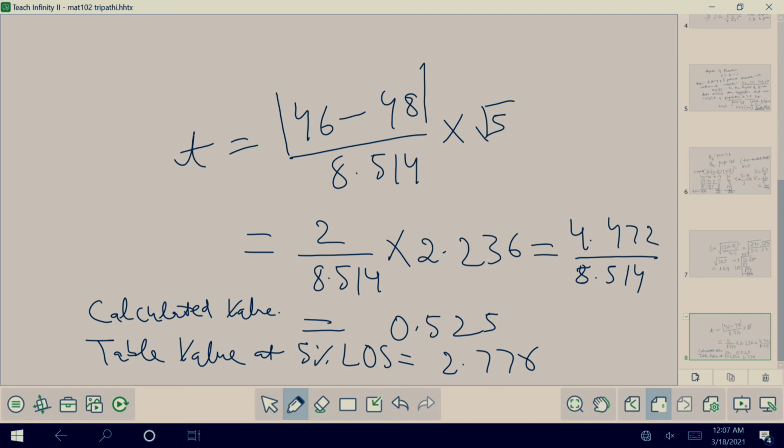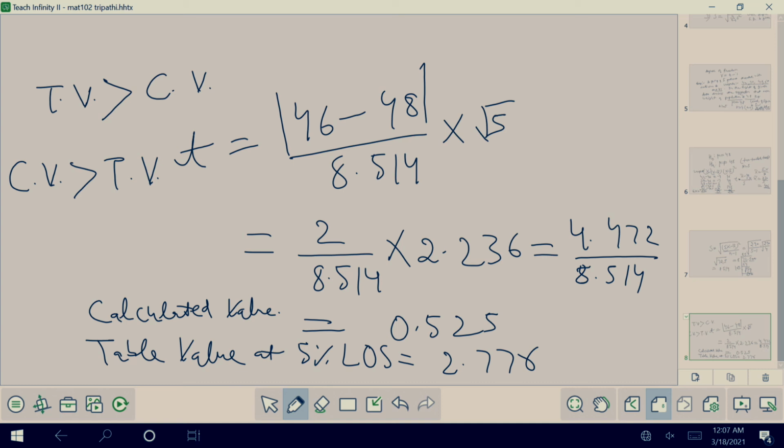The criteria to accept or reject is that your table value, TV means table value, should be greater than calculated value, or you can say reverse, calculated value should always be less than table value.